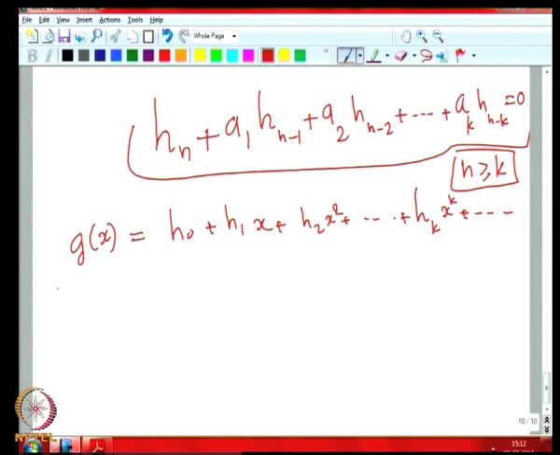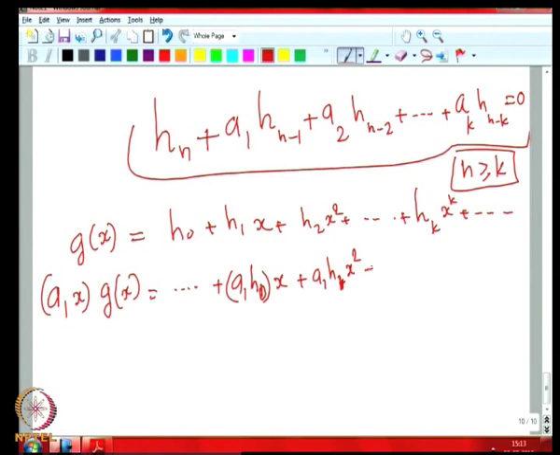Now, first we will multiply a1 x into g of x, right. When we write this, we will just skip this portion and start here, because every term now will have an x. So, we will write a1 h0 times x here, and a1 h1 times x square and so on.